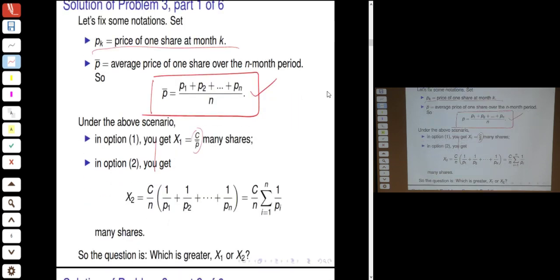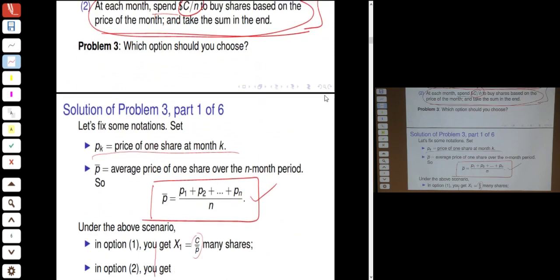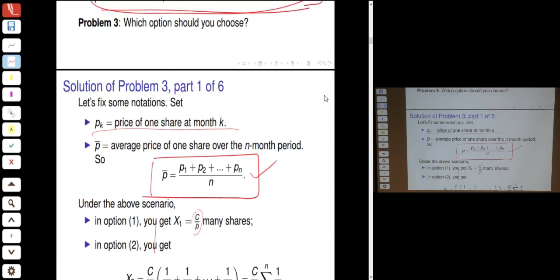How many shares do you get in strategy 2? So here let us do a simple computation. So there are n months 1, 2, 3, 4 up to n, and you have an amount of money C over n for each month. Okay. So now the price of one share for the first month is P1, and I am putting in C over n amount of money to buy those shares.